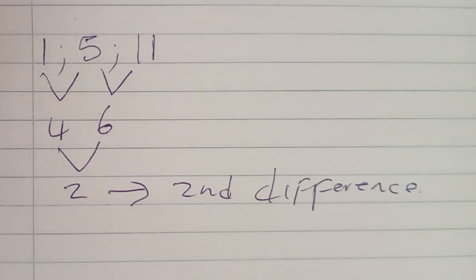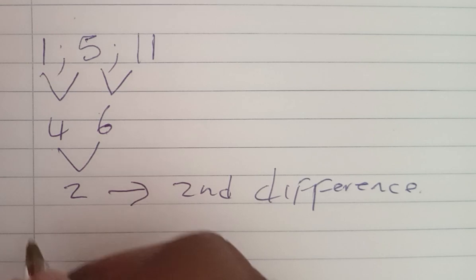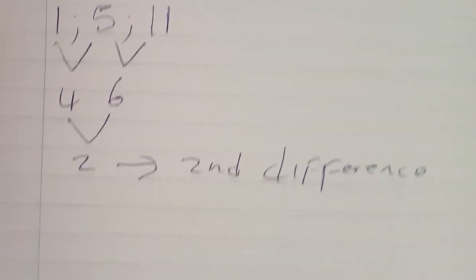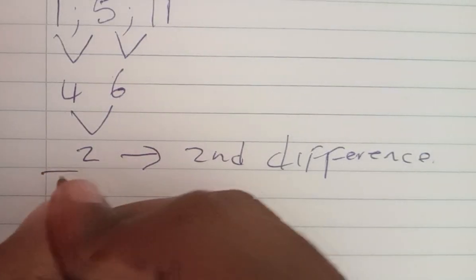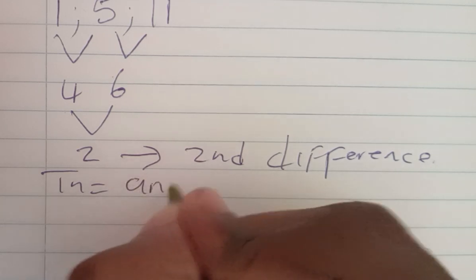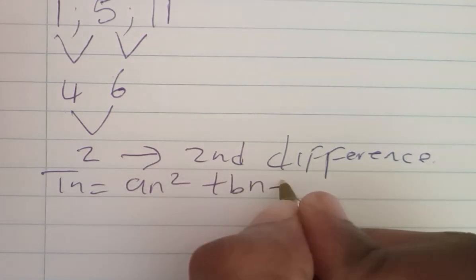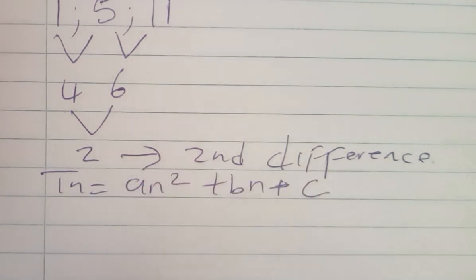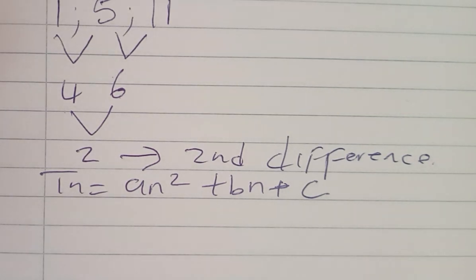So let's determine the nth term. Remember, our nth term should be like this, plus c. So we have to find the value of a, the value of b, and the value of c. We don't know those values yet, but we have our second difference.